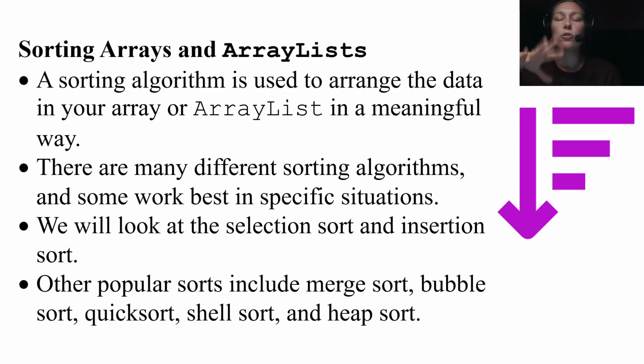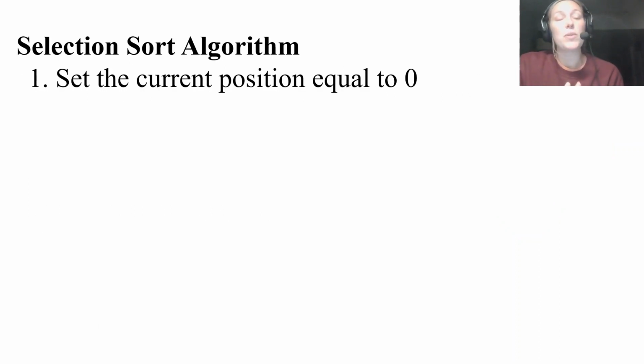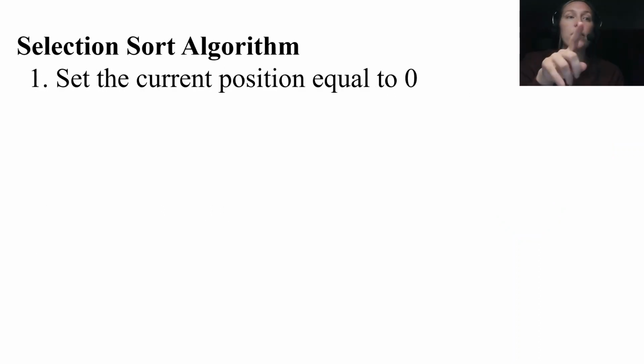The other ones we don't talk about but you might see include the bubble, quick, shell, and heap. All of those have pros and cons, but they all have the end result of sorting the array in some way. So for the selection sort algorithm, we're going to go over the steps right now, and then we're going to see it used in an example because I think it's better to see a visual of this. But here are the words for those word people.